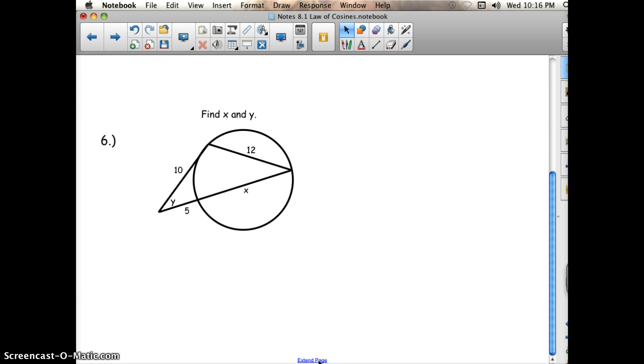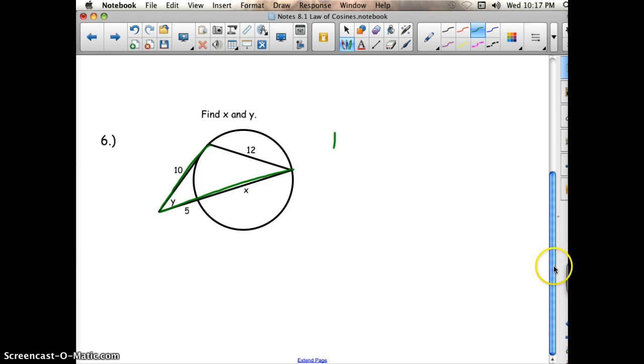All right, well now moving forward here, we've got something that reminds me of geometry. It brings back some of the stuff from last year. All right, and basically I want to find x and y. Well, here we have a tangent, and here we have a chord, secant.